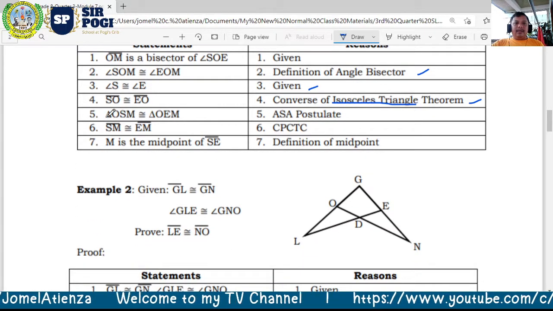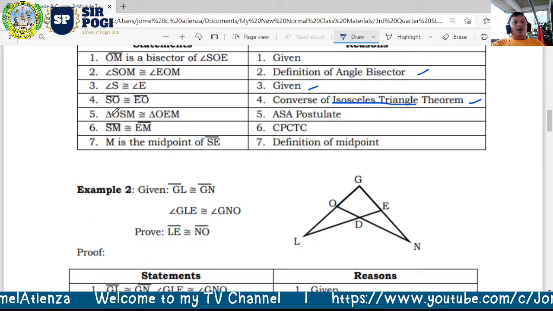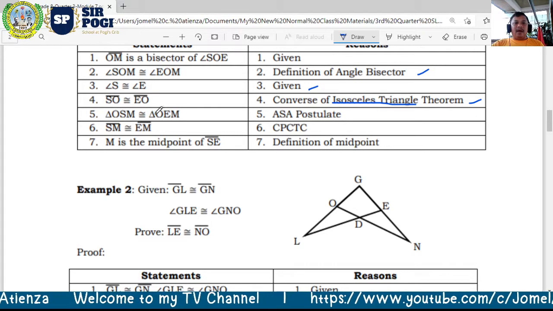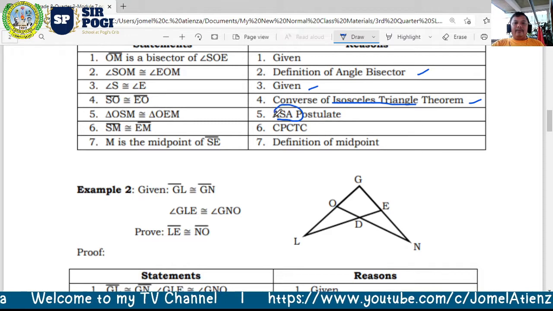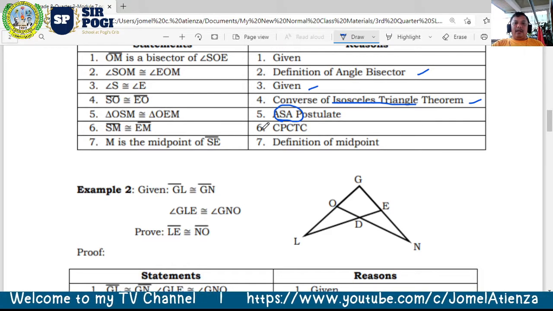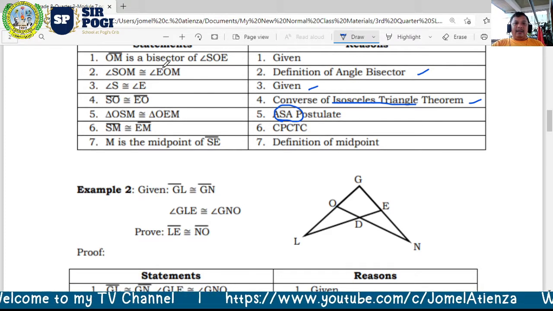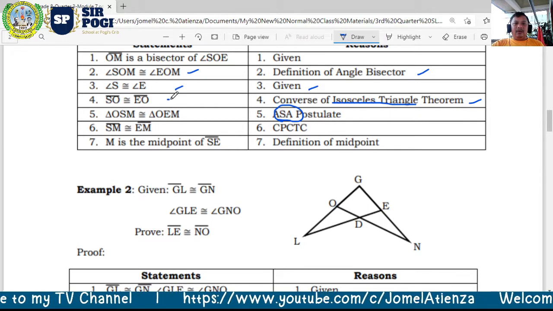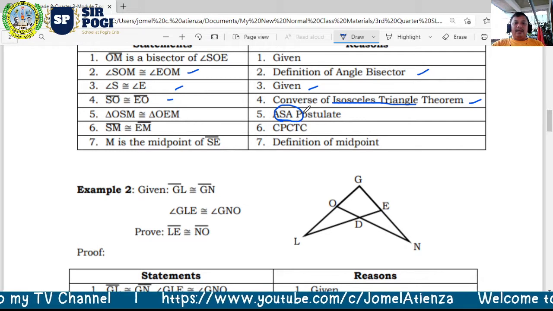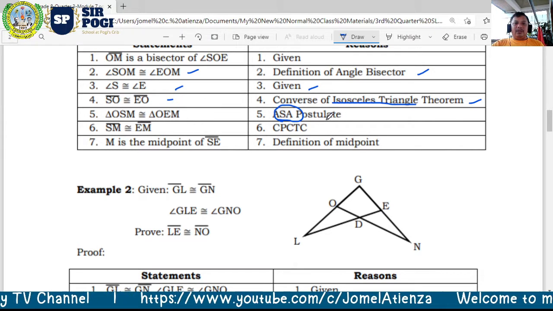And then, triangle OSM is congruent to triangle OEM by means of the ASA postulate or angle side angle, kasi meron na tayo ditong angle, dalawang angle, and then yung side. Okay, so angle side angle postulate.